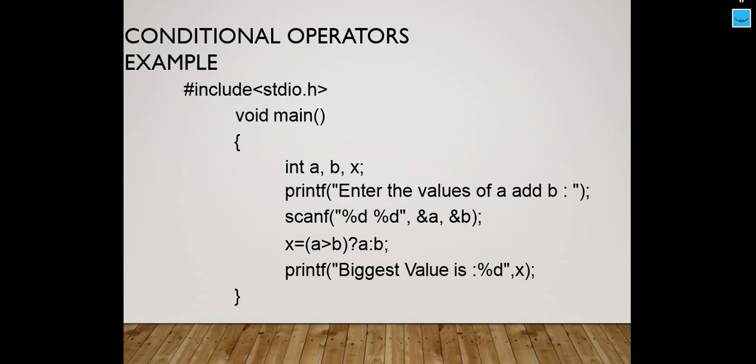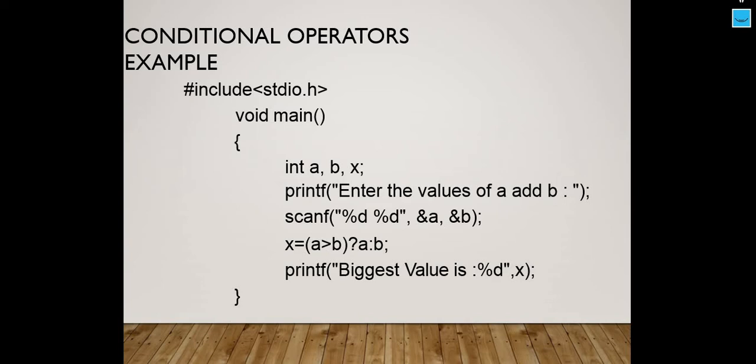So in this whole code, firstly the expression is executed. If this expression is true, then this first part will be executed. If the expression results in false, then the second part will be executed, right? So this is the whole code.